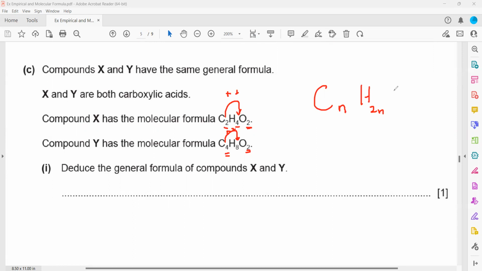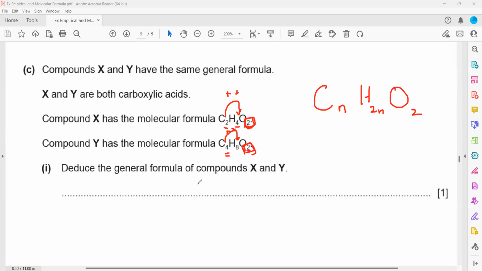But what about oxygen? You can see it does not depend on carbon and hydrogen. It remains 2. It won't change because this compound was having 2 oxygen, and the other compound also has 2 oxygen. So the oxygen number does not depend on the carbon or hydrogen number.